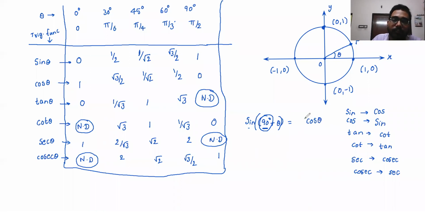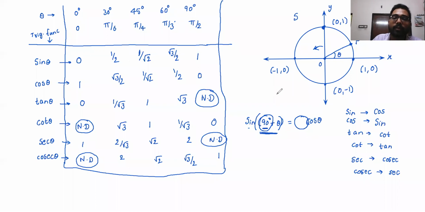Now, before this, we need to decide the sign, whether to put a plus sign or a minus sign. This sign is decided by the quadrant. 90 plus theta refers to the second quadrant, because it is 90 degrees plus something. In the second quadrant, sine is positive, because we know all silver teacups, right?